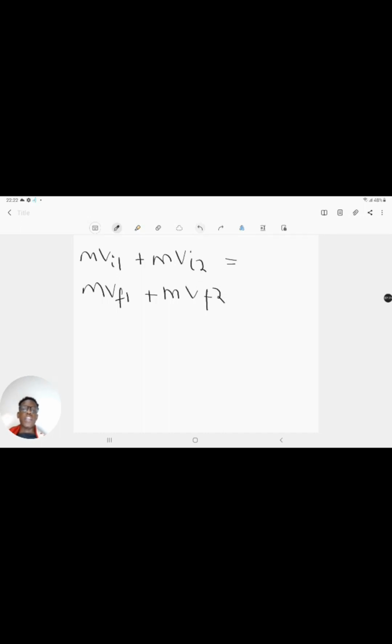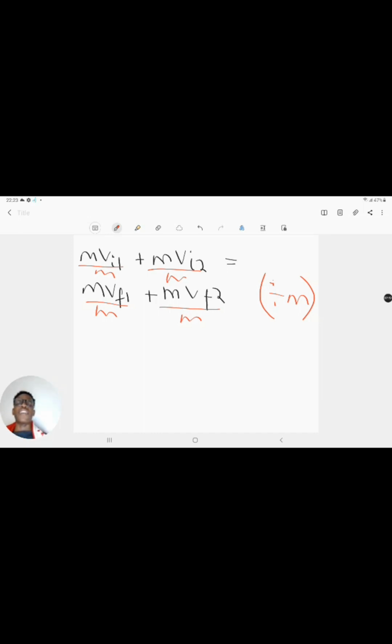As a matter of fact, our masses are also unknowns, but it doesn't matter that our mass is an unknown, because you can see that every term in this equation has m. Every term has m, so if we divide everything by m, then the m will disappear, right? The reason I'm dividing everything by m is so that I'm only left with two unknowns.